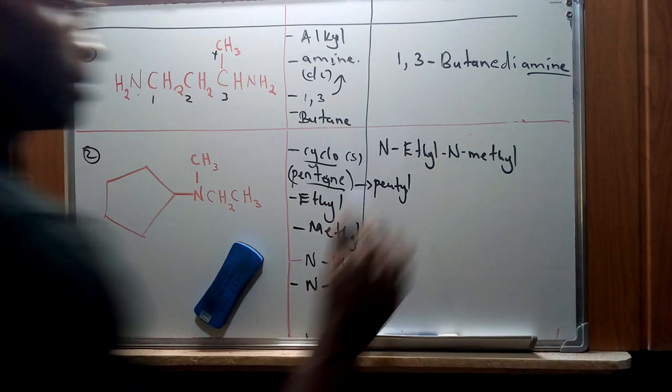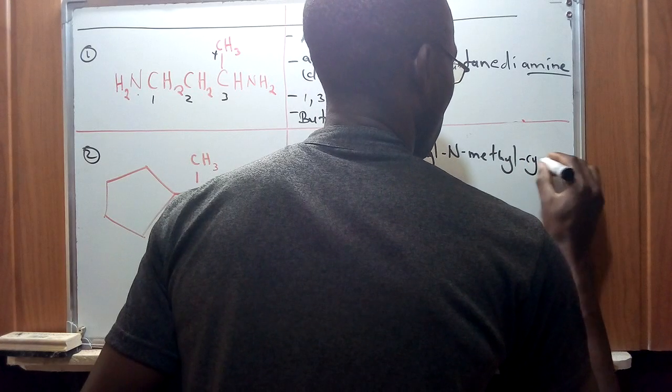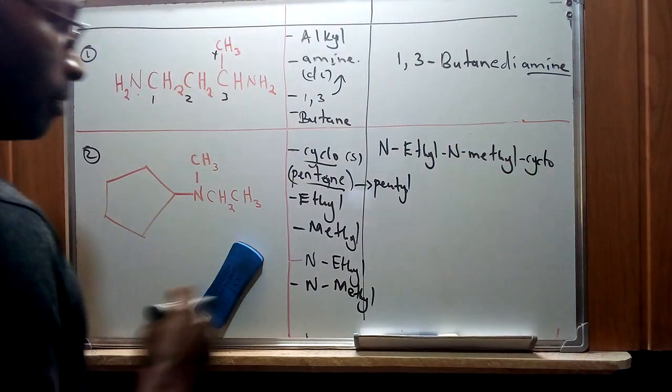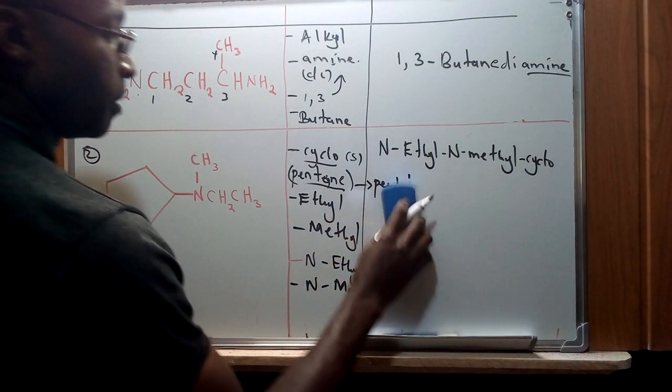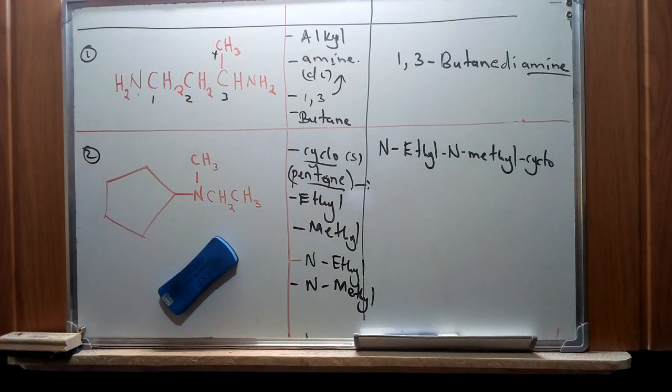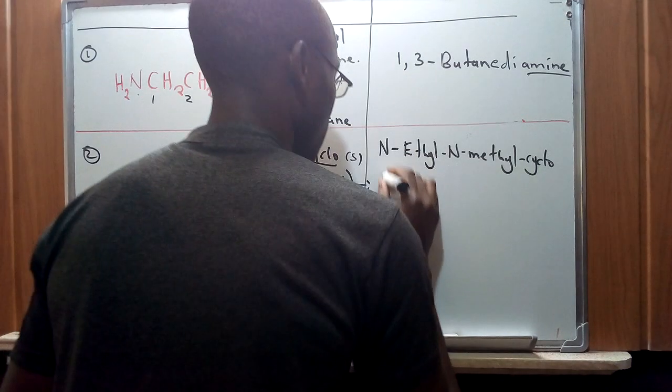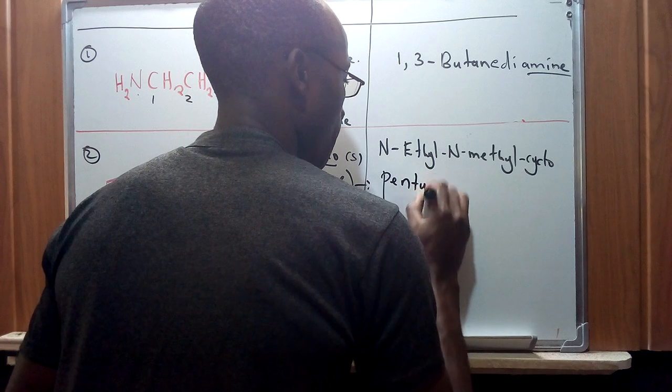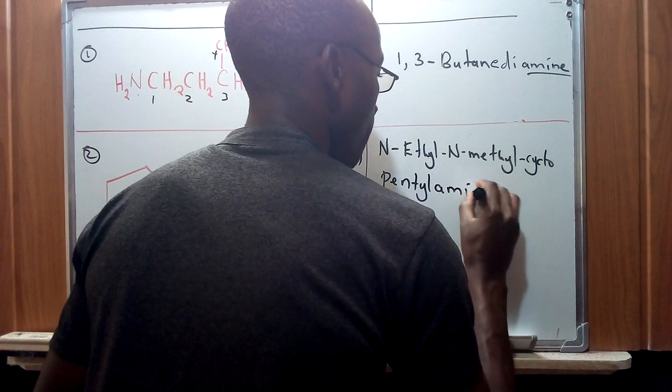That's just a single name, I'm just going to put it that way because of the size of the board. So cyclopentyl amine. So that characteristic ending that I talked about is there.